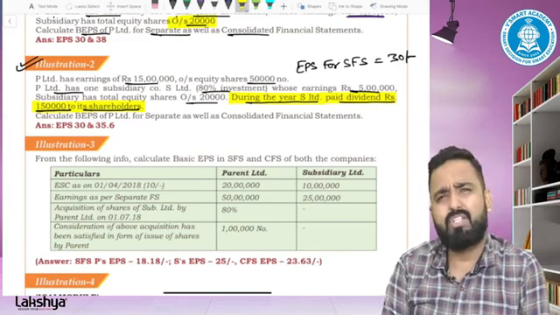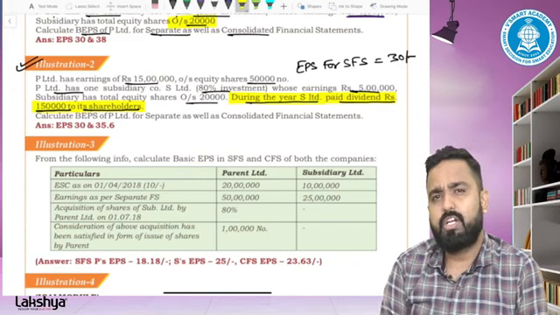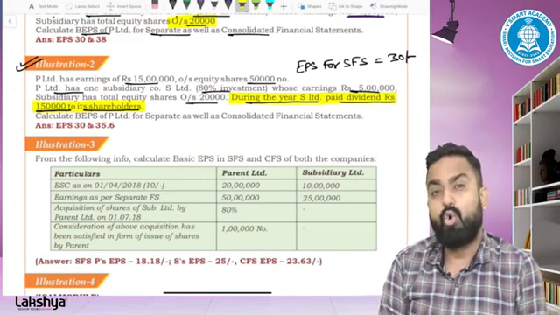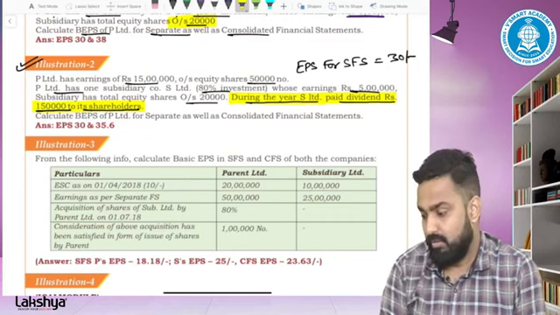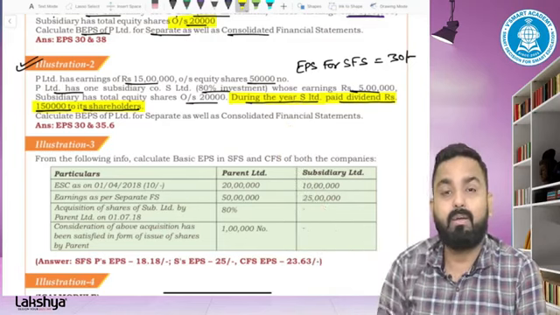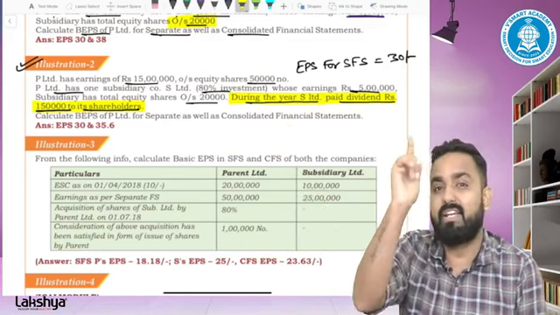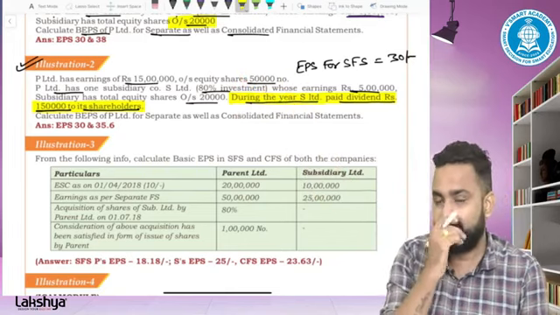Tell me, who is the single major shareholder of the subsidiary company? It is P Limited, who is the single major shareholder of the subsidiary company holding 80% shares.